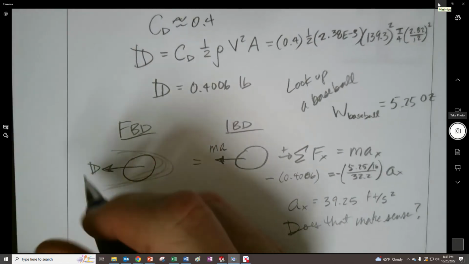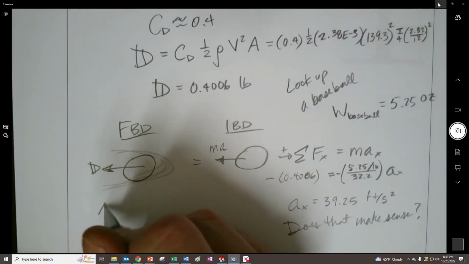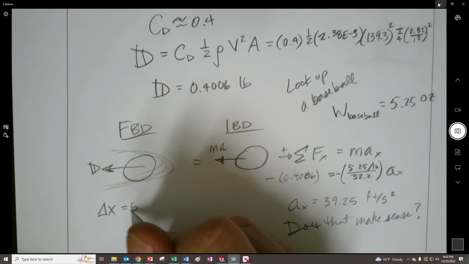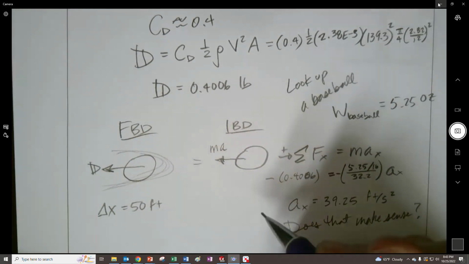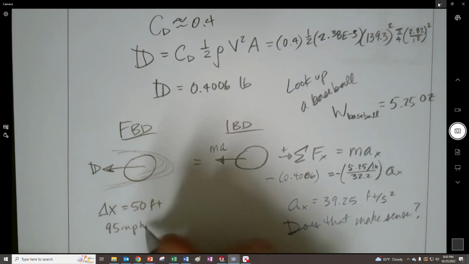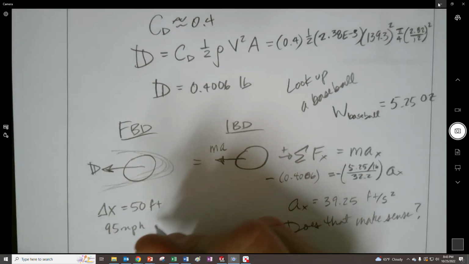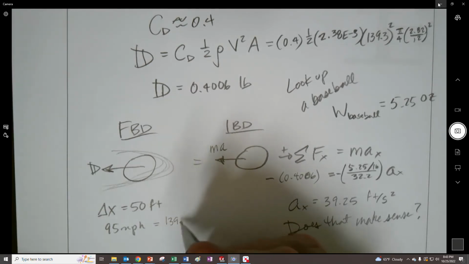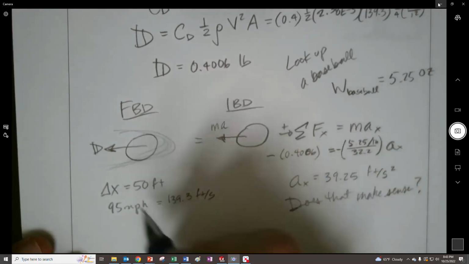And what it said to me was that from a pitcher's mound at 50 feet away, a 95 mile per hour baseball, which was, by the way, 139.3 feet per second, would lose as much as 10 miles per hour.